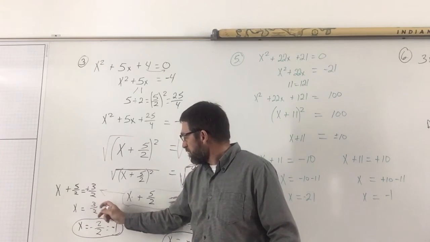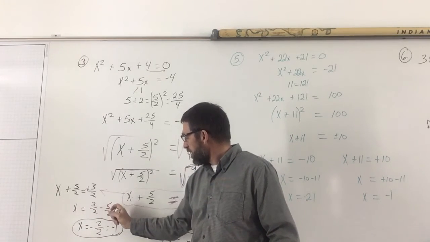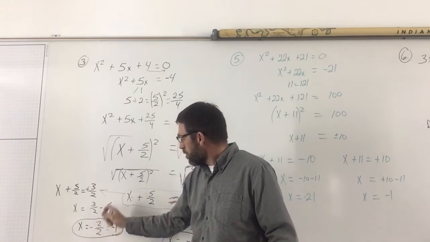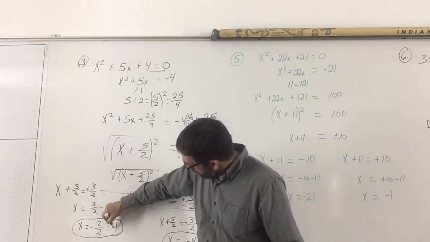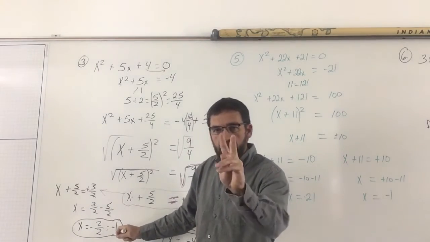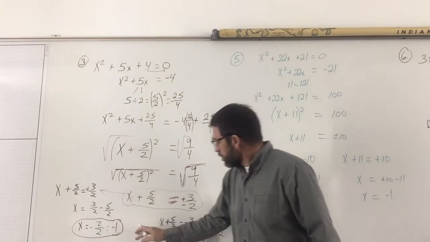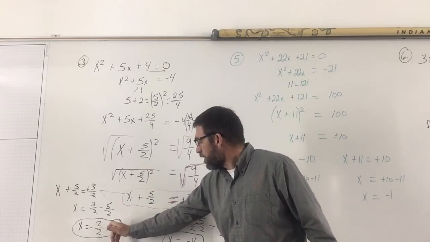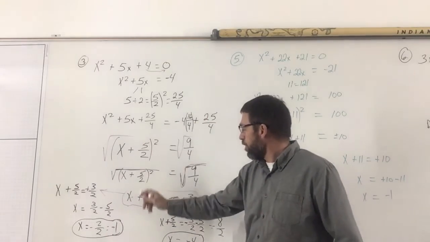These are opposite signs, so I subtract the 3 from 5, and I come with 2 over 2. That comes down to negative 2 over 2, because the negative number is bigger, and x equals negative 1. Now, it can either be positive or negative, so I did the same thing again here. This is one answer: x equals negative 1.